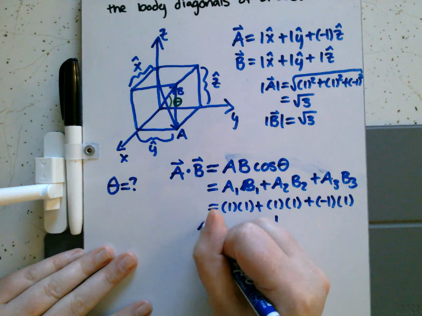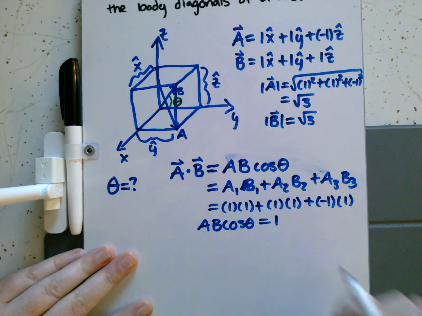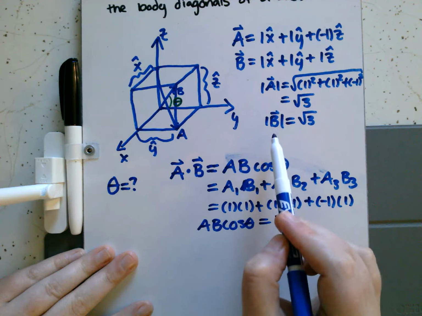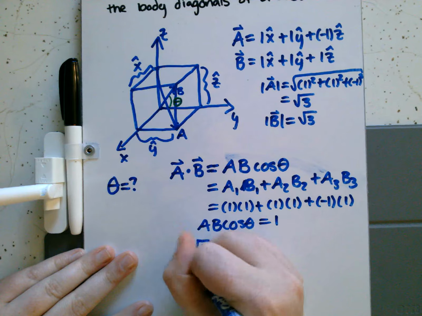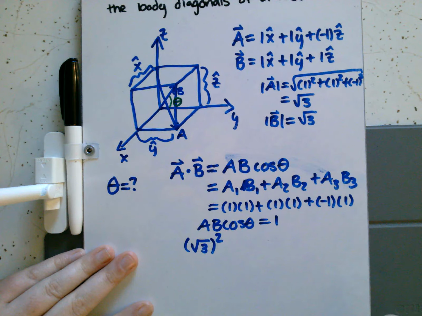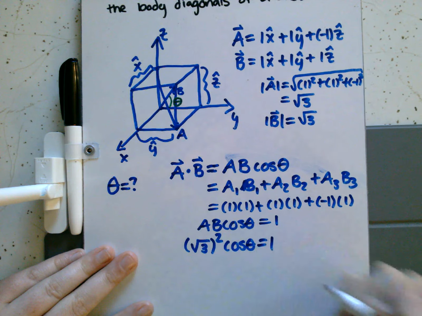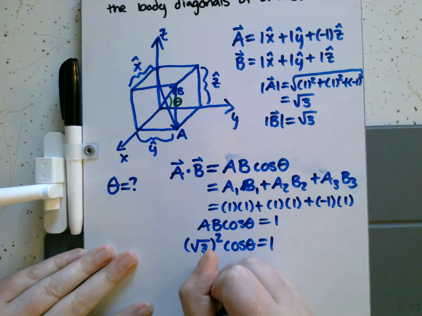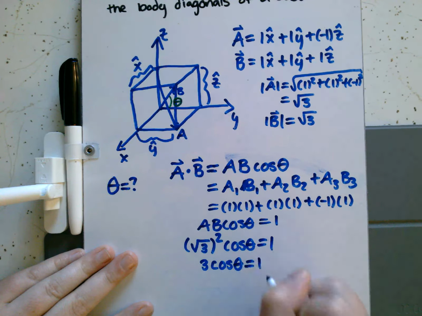And if I rewrite over here, AB cosine theta is now equal to 1. Well, we have the magnitude of A and the magnitude of B. So I get the square root of 3 from A and B times each other, so square root of 3 squared, cosine theta equals 1. The square root and the square will cancel, so this is just 3 cosine theta equals 1.